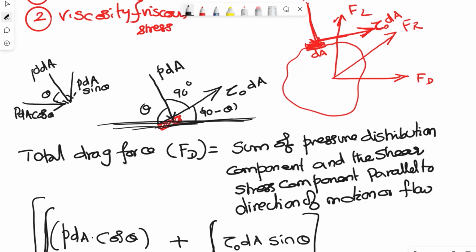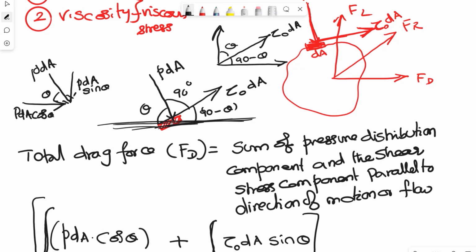Similarly, take the shear. This is how the shear will be. This is tau naught dA, and this is 90 minus theta. This is normal to it, so naturally this is theta.